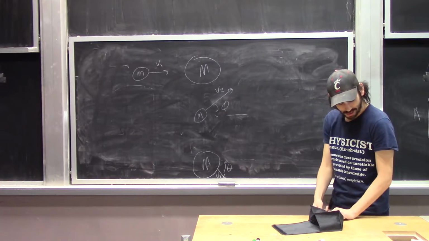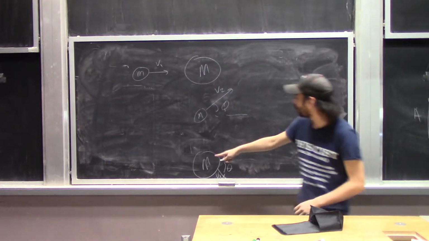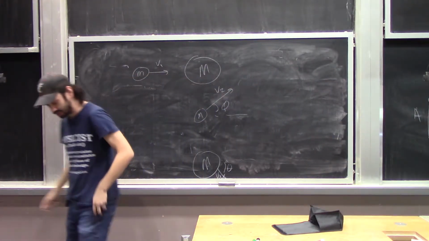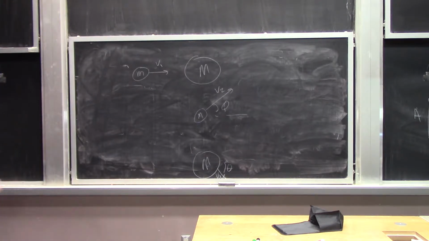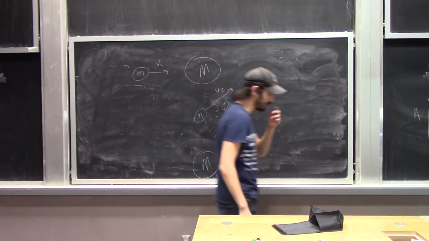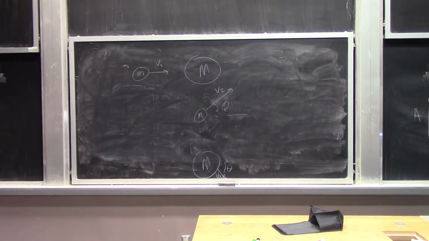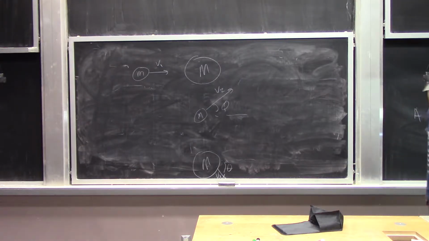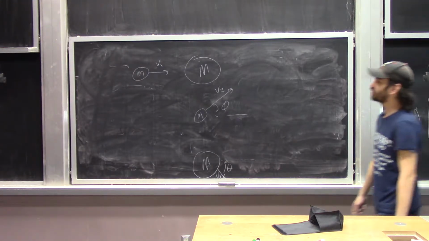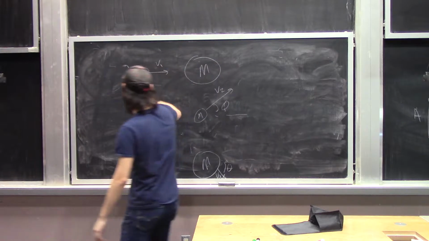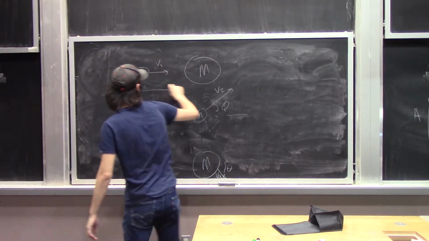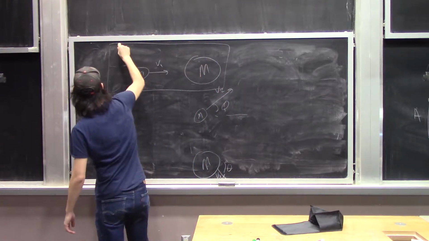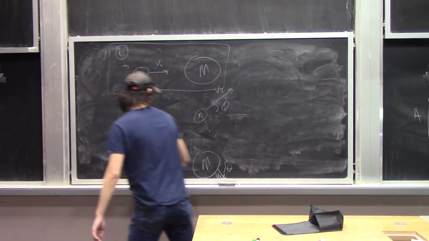So, for this one, what we want to do is set up our system of equations for our two objects here. Because this is a perfectly elastic collision, the first and easiest equation to write is the one for the conservation of energy.